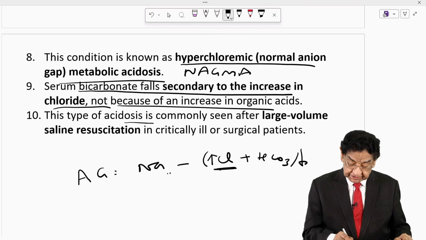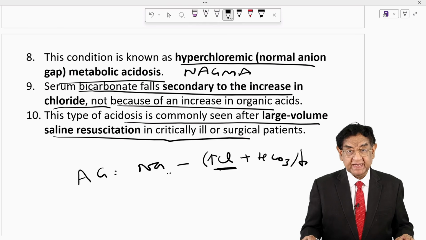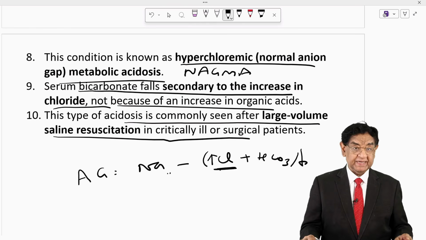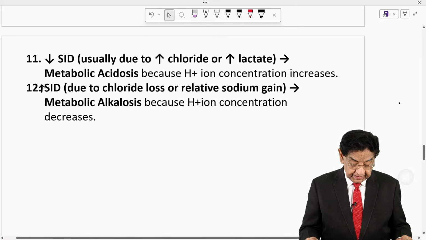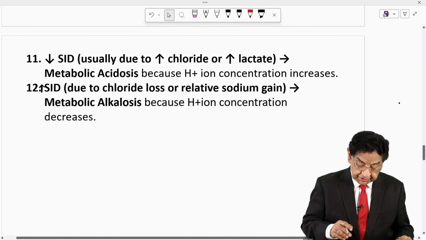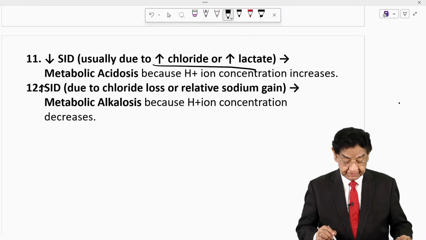This type of acidosis is commonly seen in large volume saline resuscitation in critically ill patients or surgical patients. The basic concept of anion gap and SID formula is essential to understand this topic. Decreased SID is usually due to increased chloride or increased lactate, because of the formula.